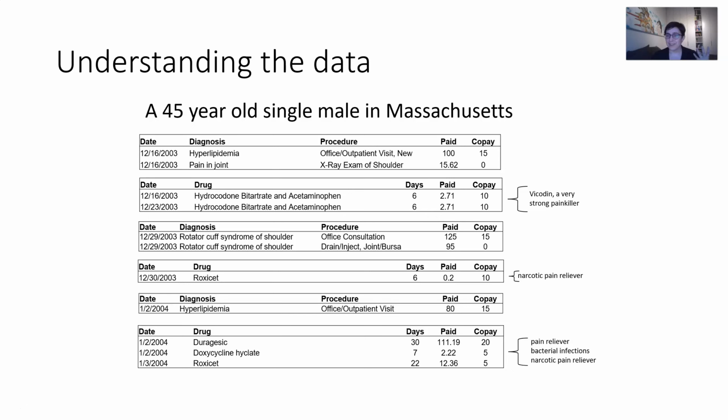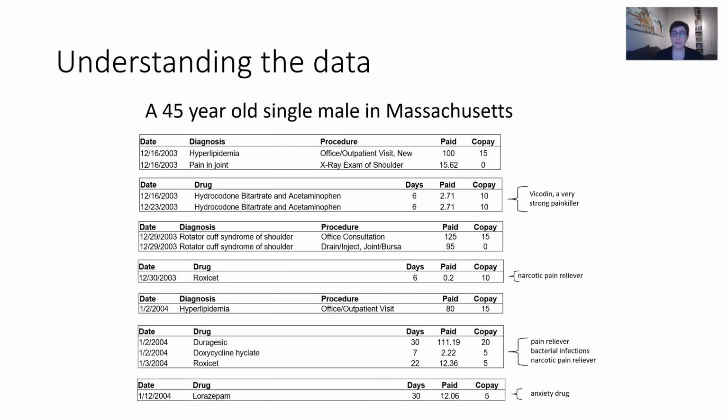We don't know, but we can hypothesize. And even more pain relievers. And then interestingly, in the middle of January, there's a prescription for an anxiety drug. So we know that this is a refill because it didn't immediately follow an office visit.